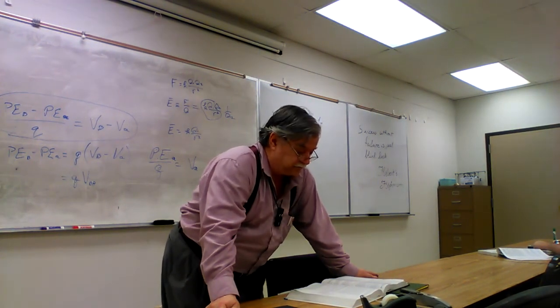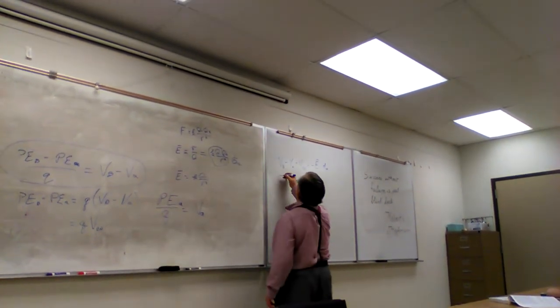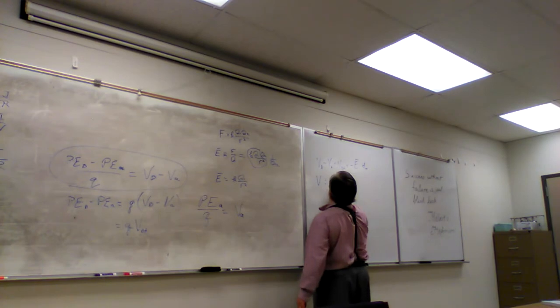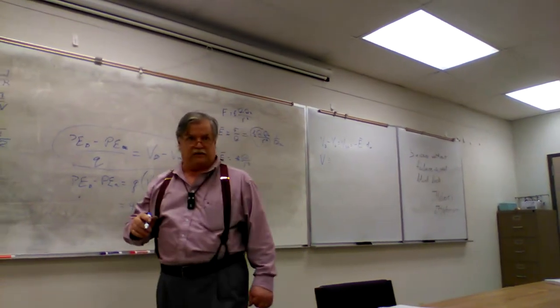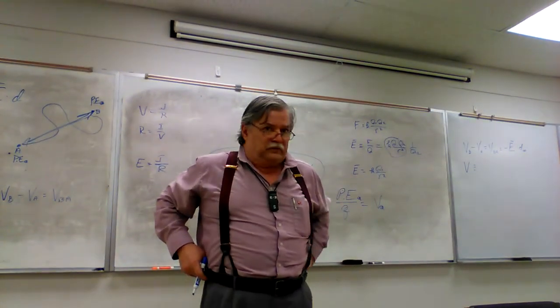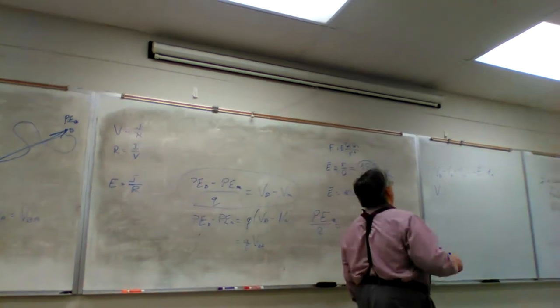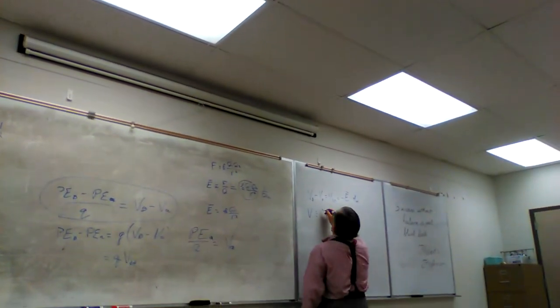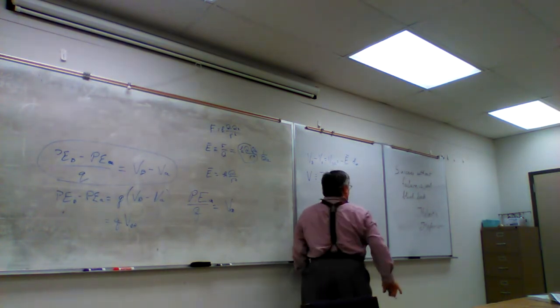While I'm talking about this, I want to point out that the volt itself is a unit. But what is it in terms of other more fundamental units? The volt, by definition, is equal to 1 joule per coulomb.